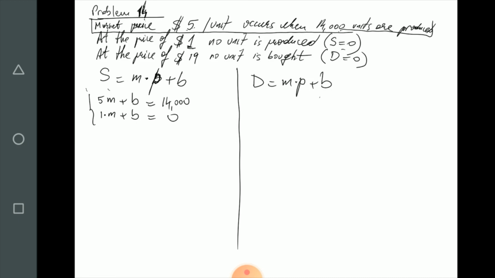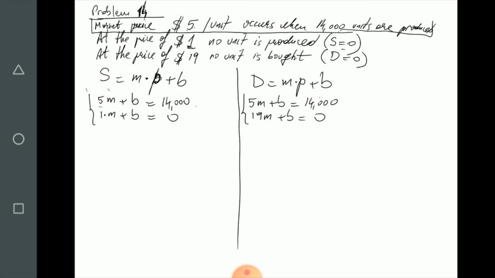In the same way, the demand again contains the same point, the market price when S is equal to D. So the first equation is the same: if P equals 5, then the demand is 14,000. On the other hand, if the price is 19, so 19M plus B, the demand is 0.